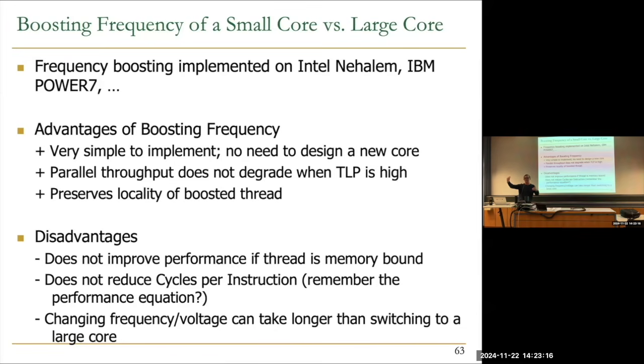Clearly, it takes time to do it reliably because now you're actually inducing a lot of noise in the system. And that noise may actually lead to some power issues. Whereas switching to a large core doesn't require changing the frequency. Okay, there are interesting issues. As you can see, even with this trade-off, there are a lot of issues.